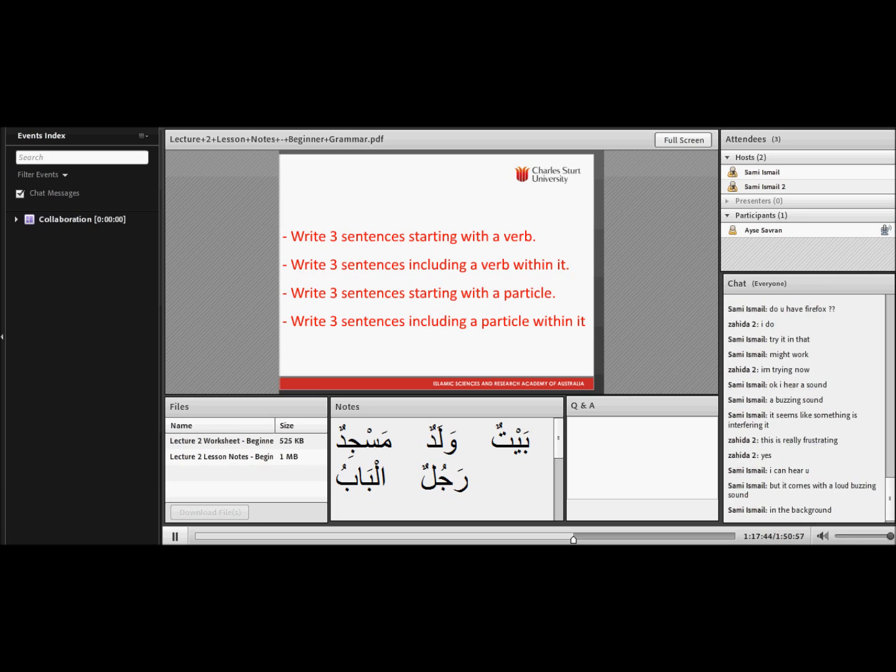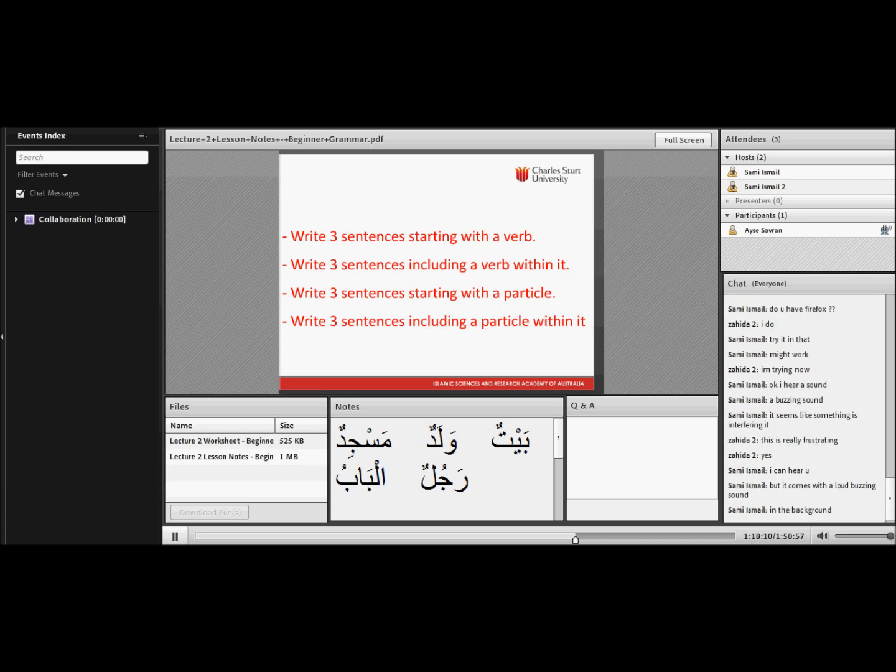Akala is fi'l madi. Ya'kulu, fi'l mudari. U'kul, I'm not sure. U'kul, command. Yeah, the command one. There are some verbs that are irregular and they don't follow the normal pattern. So for akala, it will be kul.